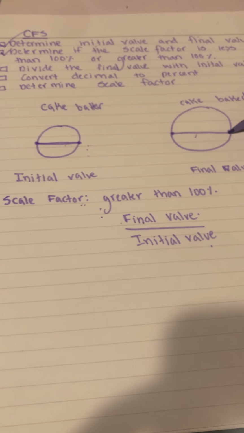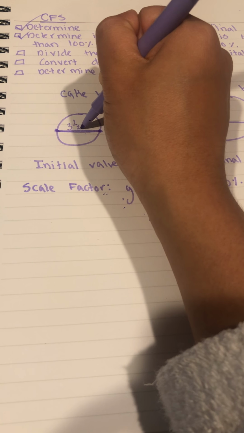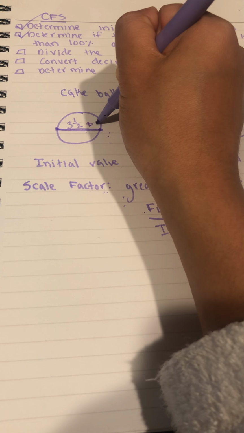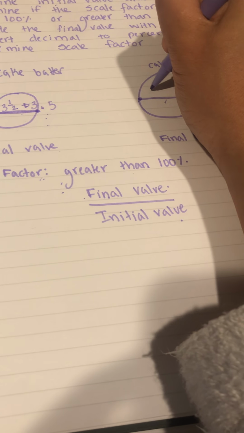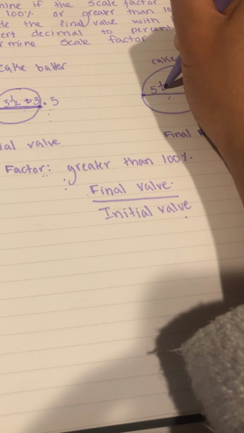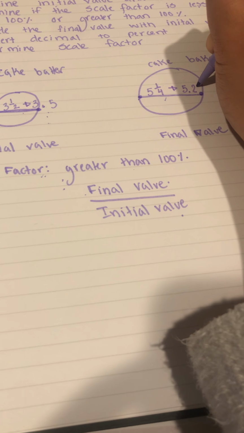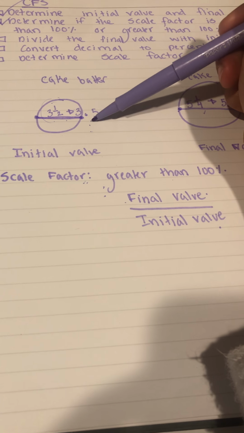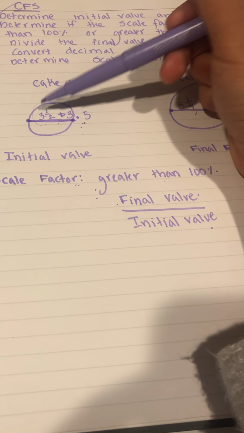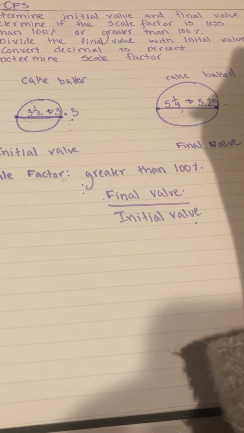Okay, so the diameter is originally 3.5, and 3.5 is the same as 3.5. And then it got bigger to 5 1/4, which is the same as 5.25. All I'm doing is writing the equivalent value of this mixed number as a decimal. So 3.5 is the same as 3.5, and 5 1/4 is the same as 5.25.